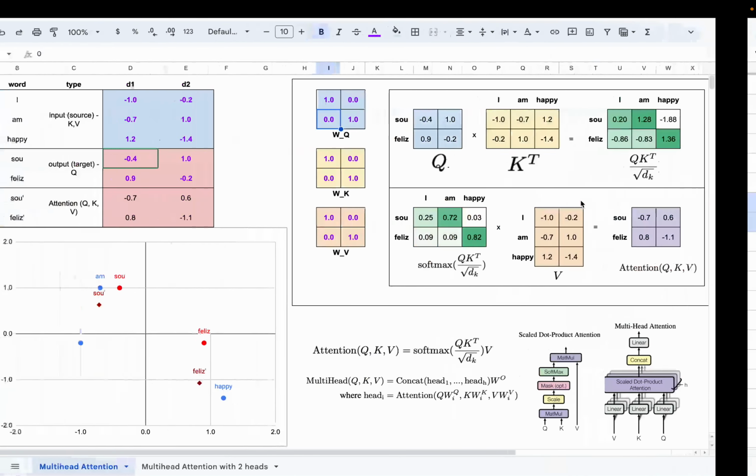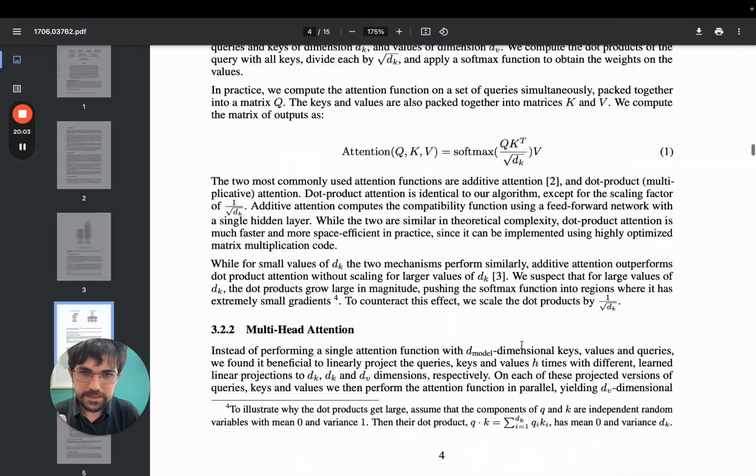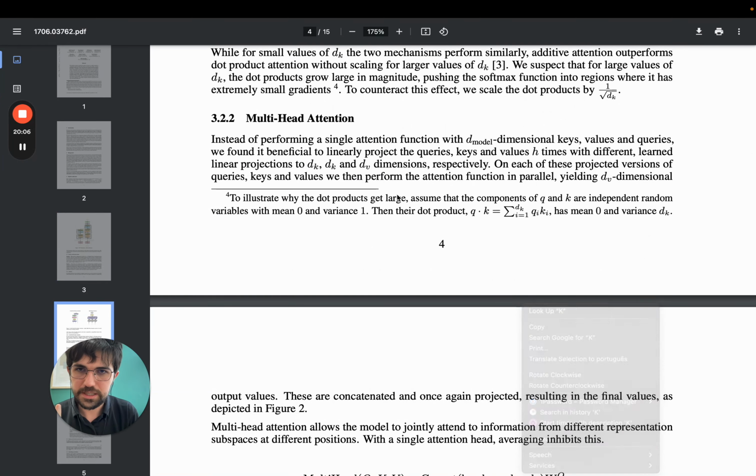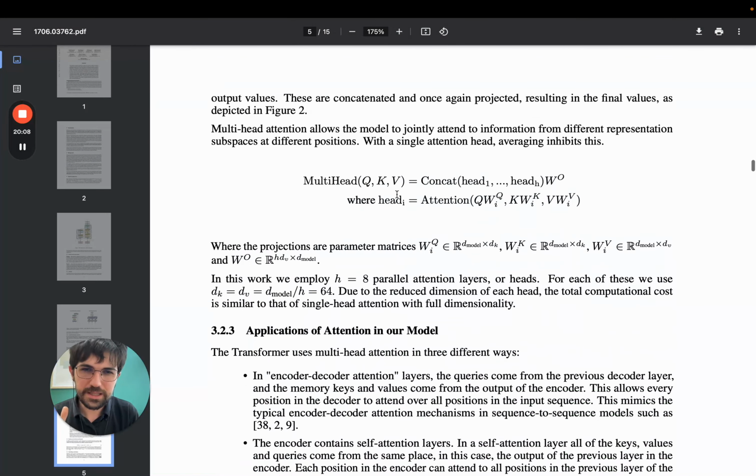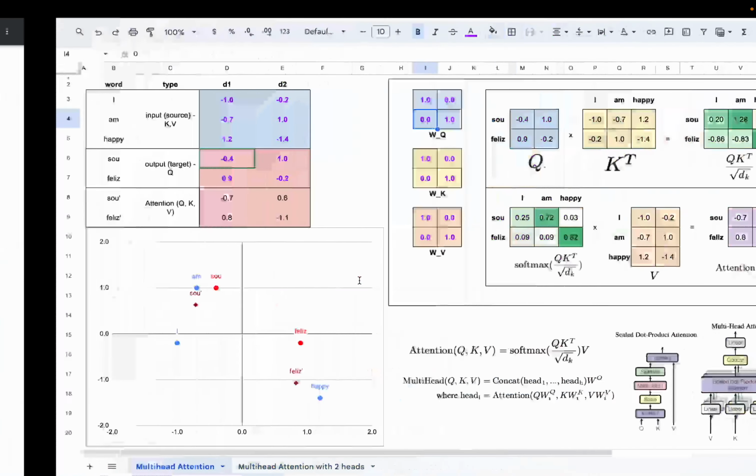For example, in the original paper, they split into 8. The dimension that they use for each one of those weights is the original dimension as the number of rows, and as the number of columns they divide by 8, so it would be 64 for each one of the heads, because in this way they can concatenate all of those 8 heads in order to get this original dimension.